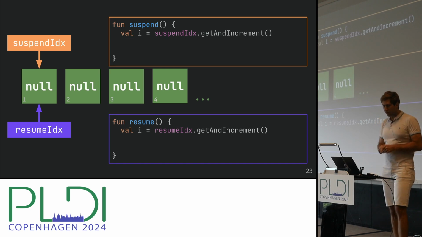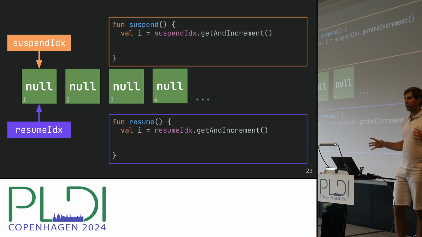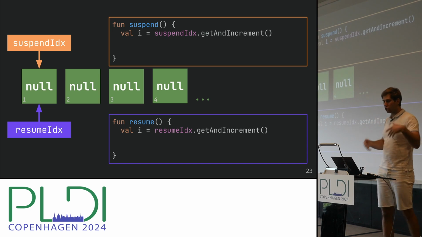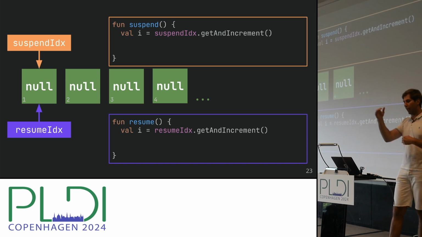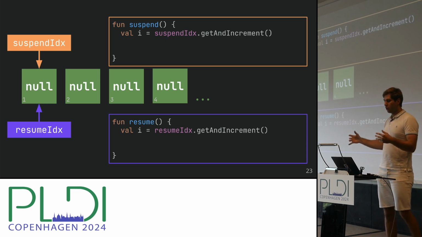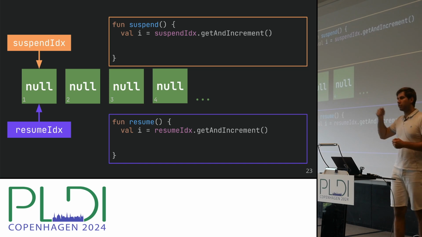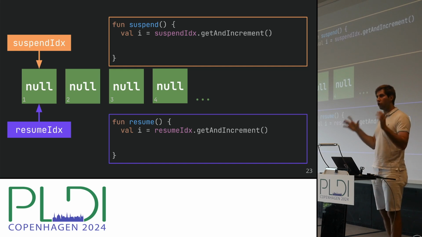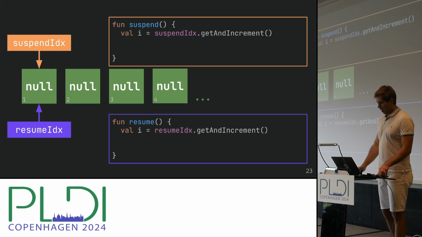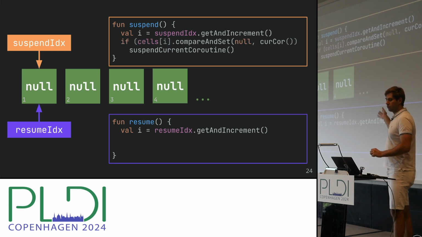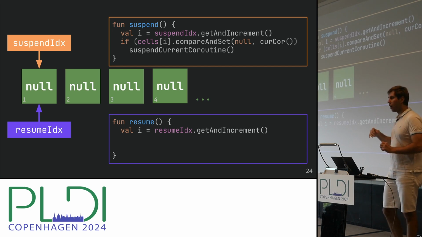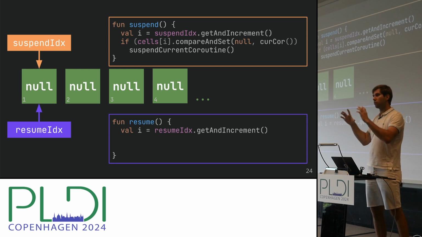And that's how we can implement these suspension and resume calls. The high-level idea is to have an infinite array and two position counters for suspend and resume operations. And similar to modern queues, we start by incrementing the corresponding counter, thus reserving the slot for the operation. So suspend increments the counter, reserves the slot, and then tries to suspend in the reserved array slot.